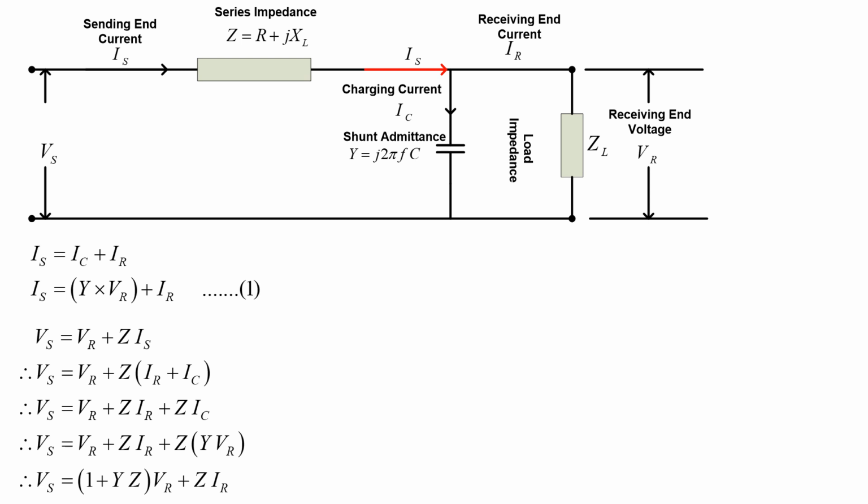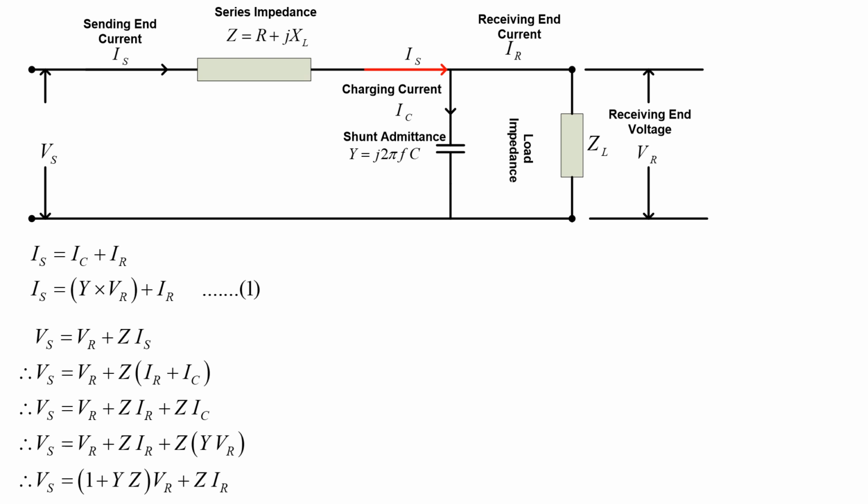At the sending end we consider the voltage and current, Vs and Is, and at the receiving end VR and IR, and we want to relate Vs and Is to VR and IR through the ABCD parameters. So our objective is to formulate the equations of Vs and Is in terms of VR and IR. That is the only thing you need to remember, and based on that you derive all these equations.